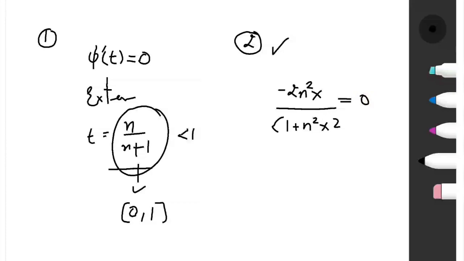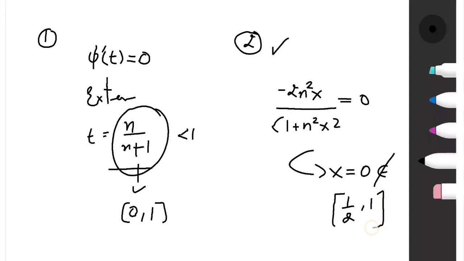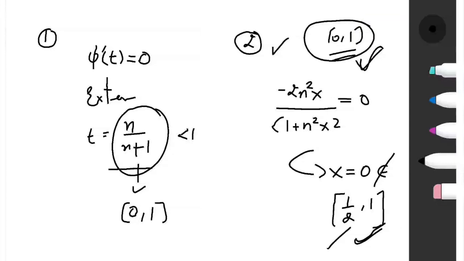The reason was that when you equate this with 0, you get x equals 0, which does not belong to the interval half to 1, and our motive was to find uniform convergence in this interval. As we have already said that it is not uniformly convergent in the part containing 0, and 0 is not a part of this interval, we were not getting the extrema in this particular interval.